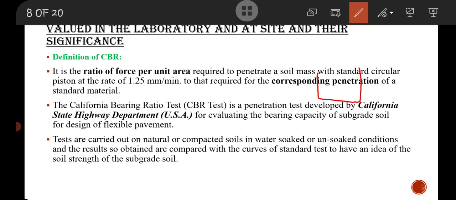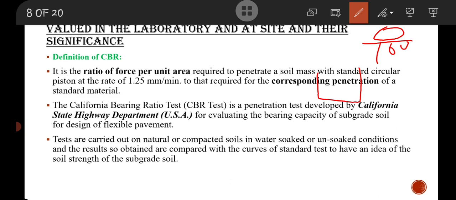In that stone dust, the penetration value was taken as 100%, and the strength of the material we are now using for the subgrade is calculated with respect to the stone dust, and that ratio is called California bearing ratio.